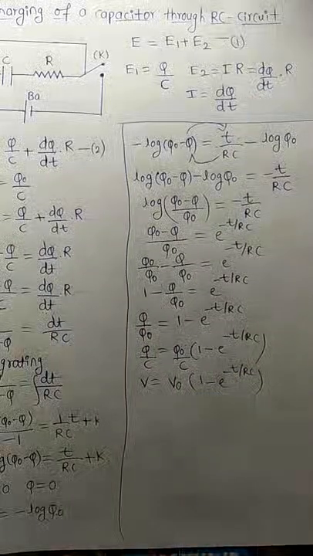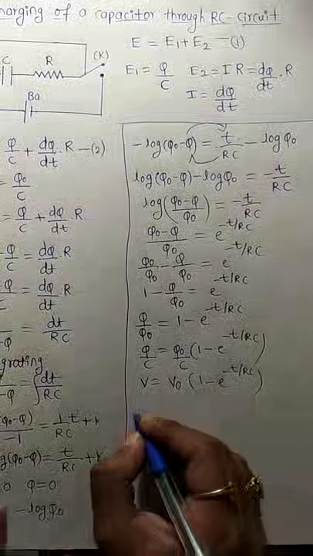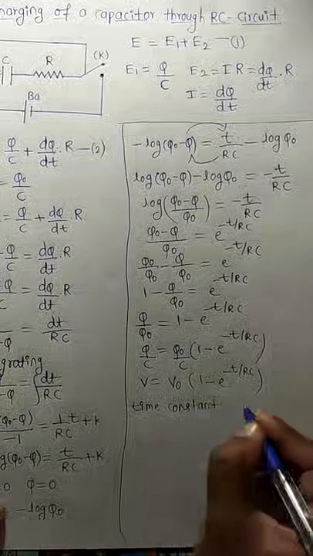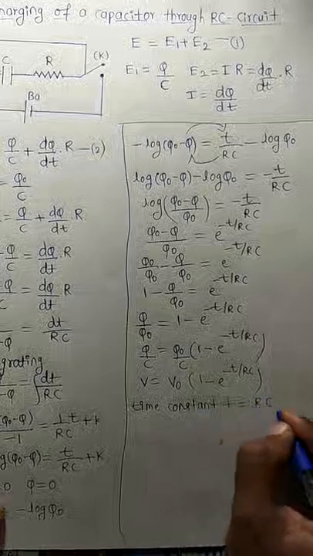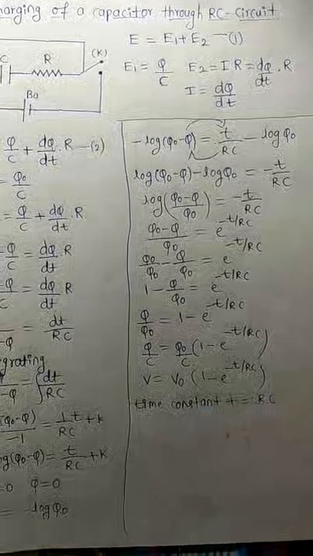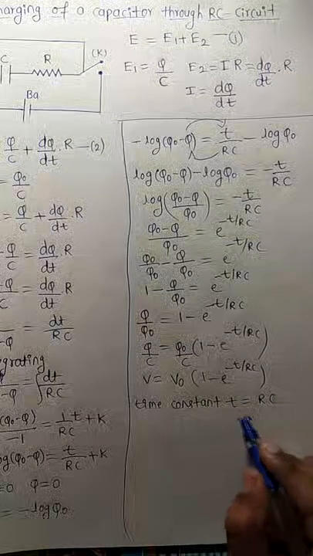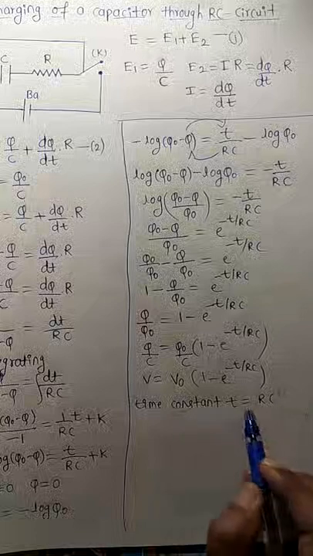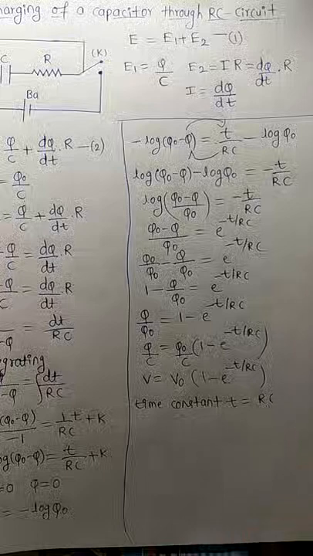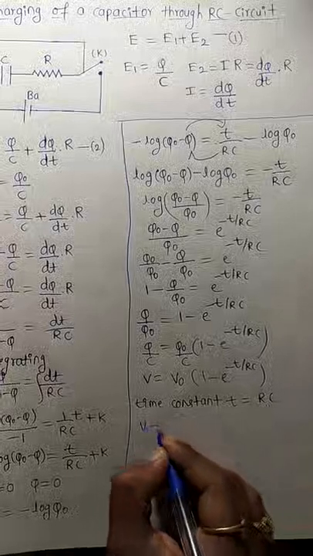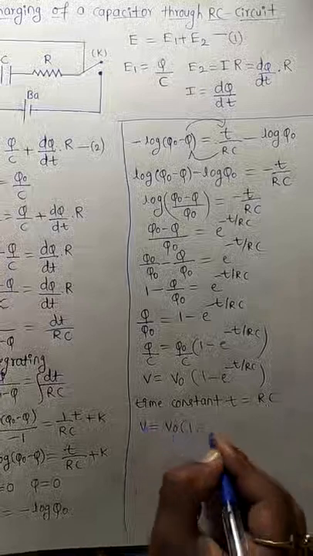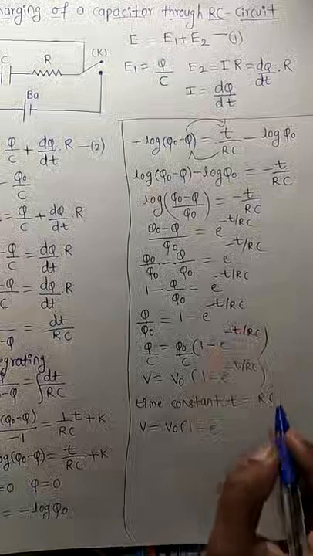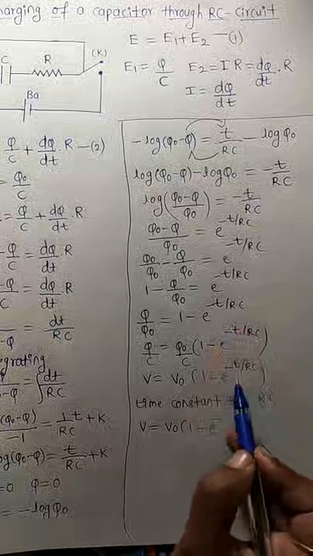Okay, so now I'll find the time constant. Can I put time constant T is equal to R into C. See, for the RL circuit, time constant value is R divided by L or L divided by R. But here the time constant value is T is equal to R into C. So if I substitute, I'll get phi is equal to phi naught into the bracket 1 minus e raised to minus t, value means R into C. So R into C, R into C get cancelled.